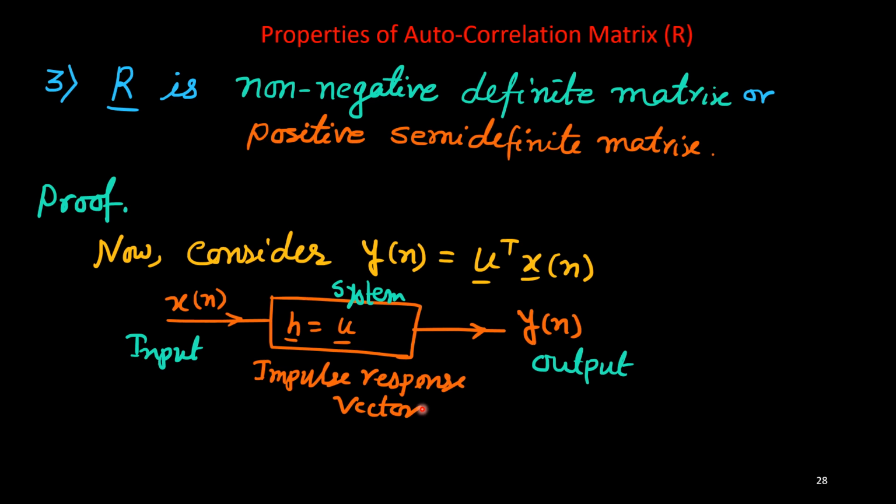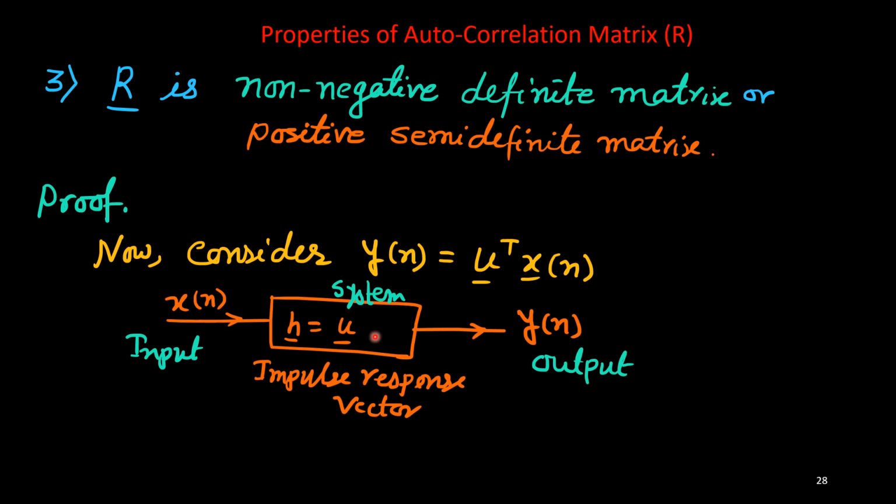Then y(n) becomes the output, which is basically the convolution between the system sequence and the input sequence, that we can rewrite as u transpose x(n) if the system is FIR. I have already said that u is a finite-length column vector N cross 1, so in this model it's an FIR system.